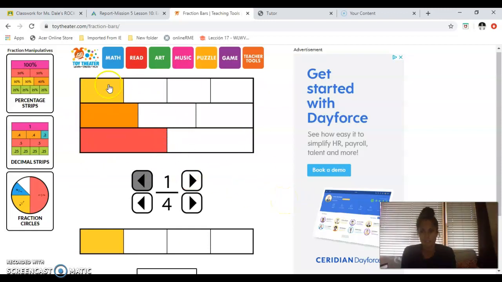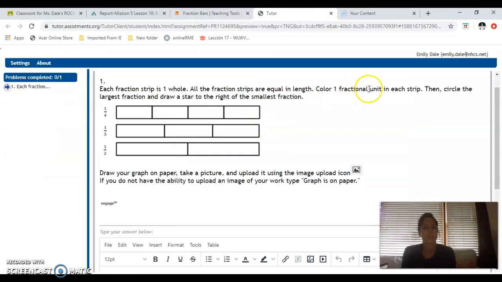which one is biggest, right? Even though for 1/4, the 4 is bigger than the 3 at the bottom of 1/3, and the 2 of 1/2. But which one is the biggest? 1/2, 1/3, or 1/4? So it's saying circle the largest fraction.